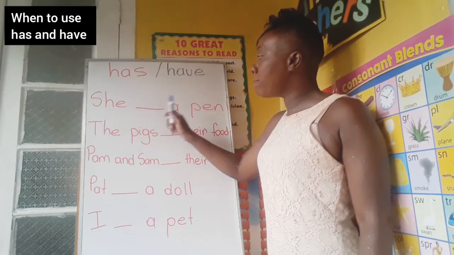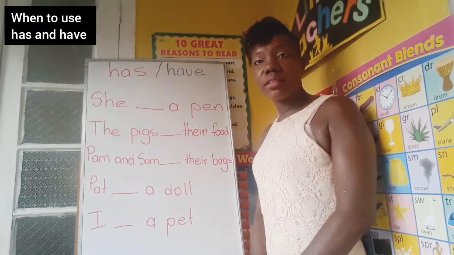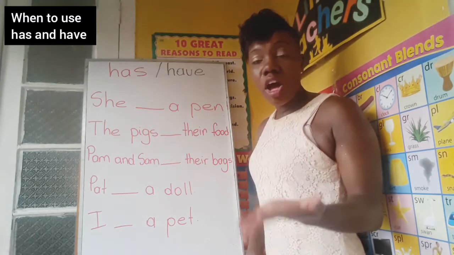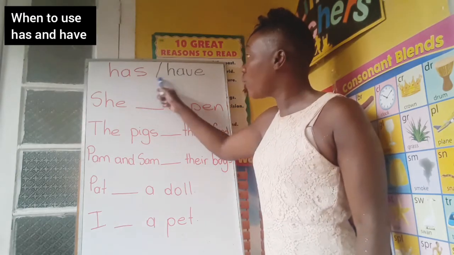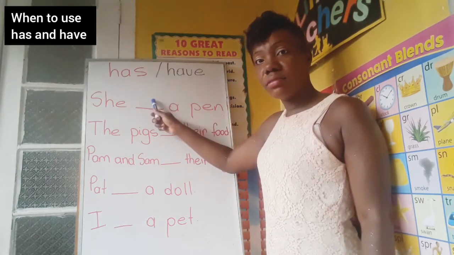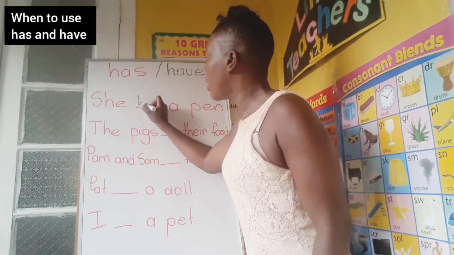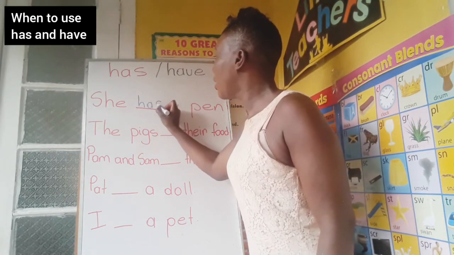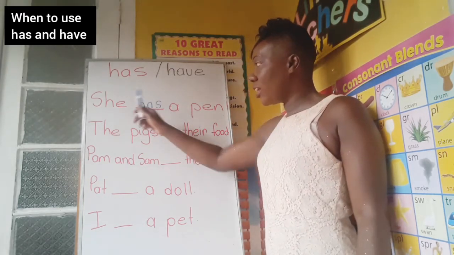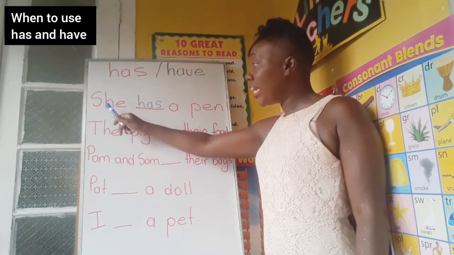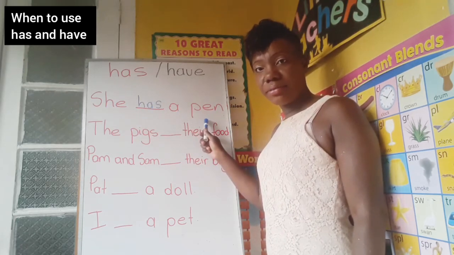She a pen. Now she is referring to a what? To a girl. How many girls? One. So which one of these words would you put on the line? Very good. Has. See? Singular noun, pronoun. She has a pen.